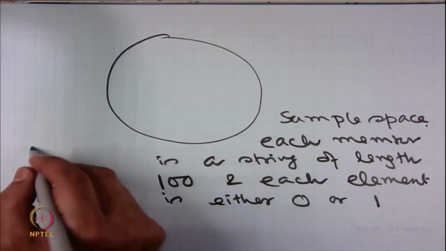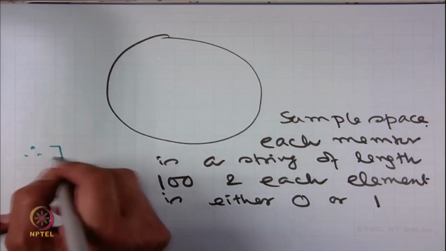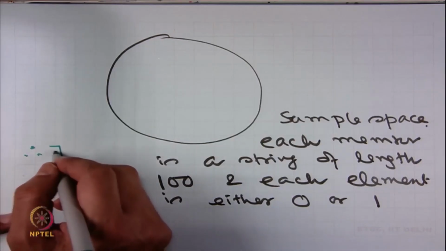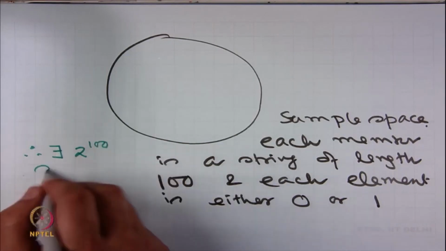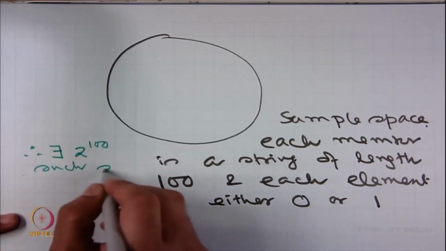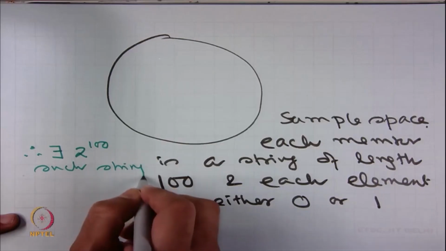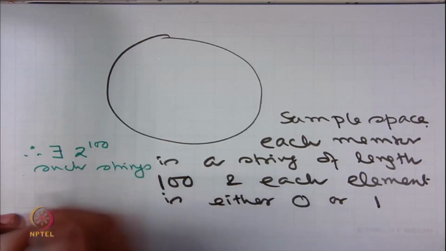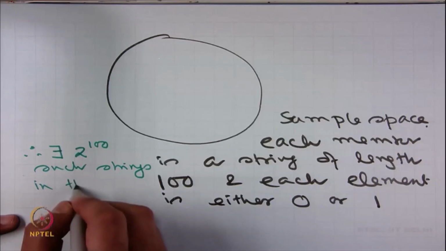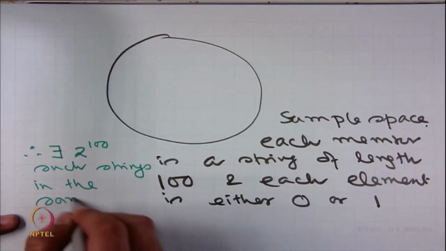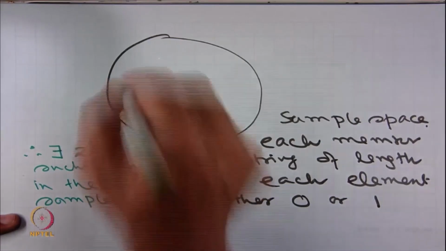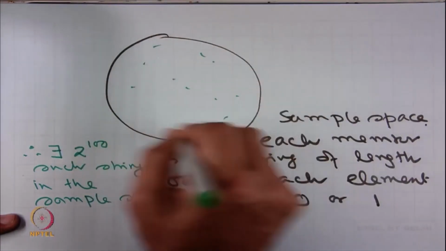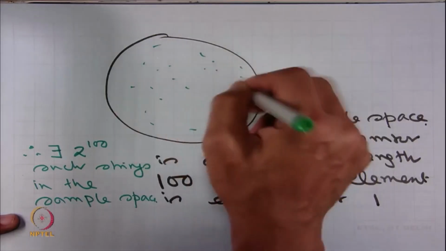Therefore, there are 2 to the power 100 such strings in the sample space. Suppose these are the points in the sample space.